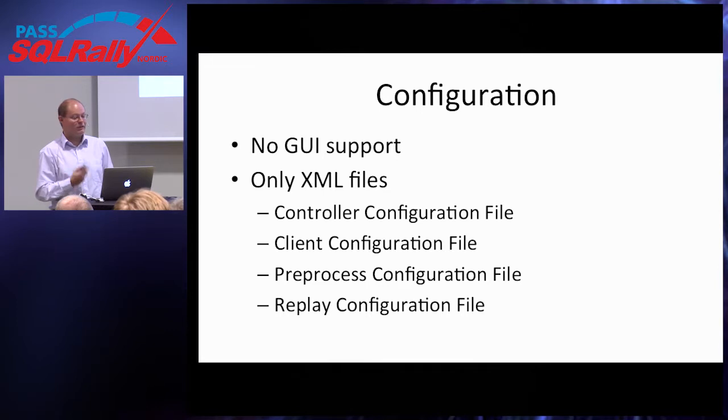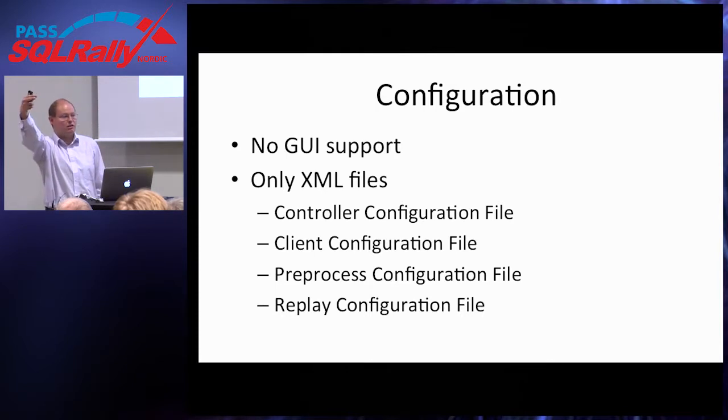As you can see, we have various configuration files: one configuration file for the controller, which coordinates all the various clients, and a configuration file for the client itself. And finally, we have two configuration files which are driving the replaying process itself.